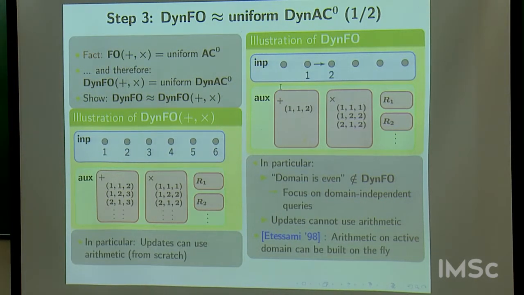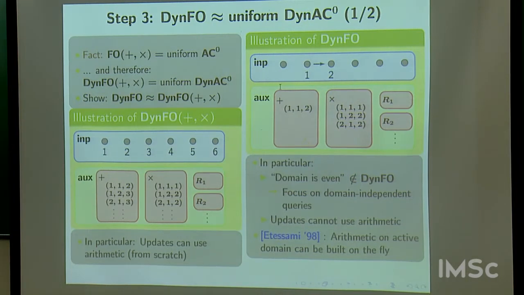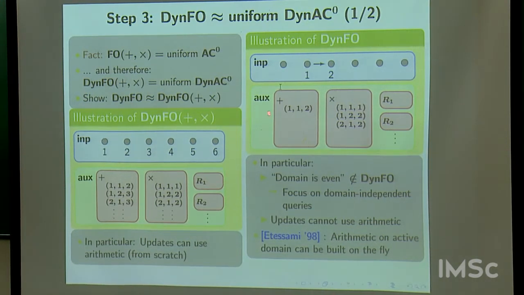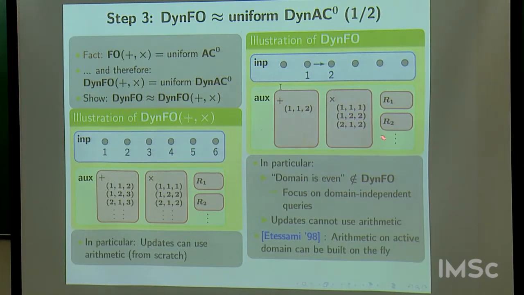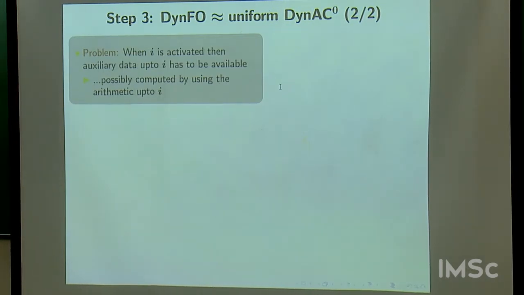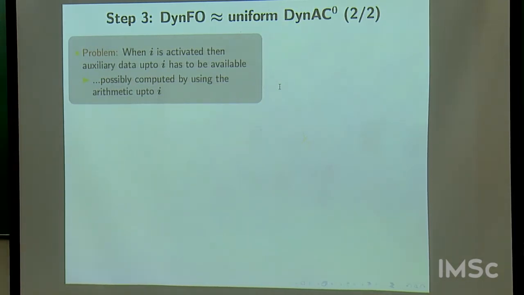As soon as you add an edge, one element is activated, and now two elements are activated, and now you can have entries like 1 plus 1 equal to 2, and these three entries under the multiplication table, correct? These can be built as the computation proceeds. But the problem is, when i is activated, then auxiliary data up to i has to be available, and it is possibly computed by using arithmetic up to i, only by using arithmetic up to i.